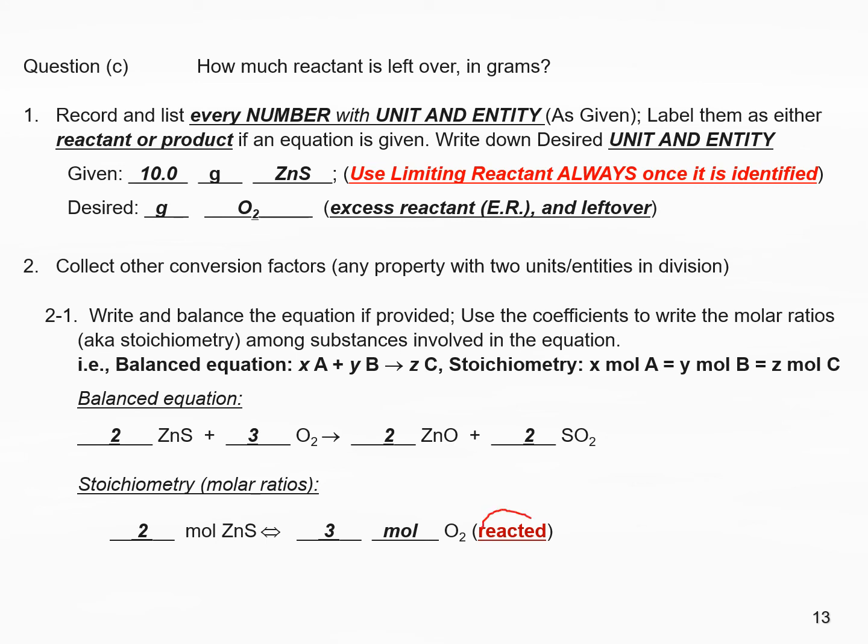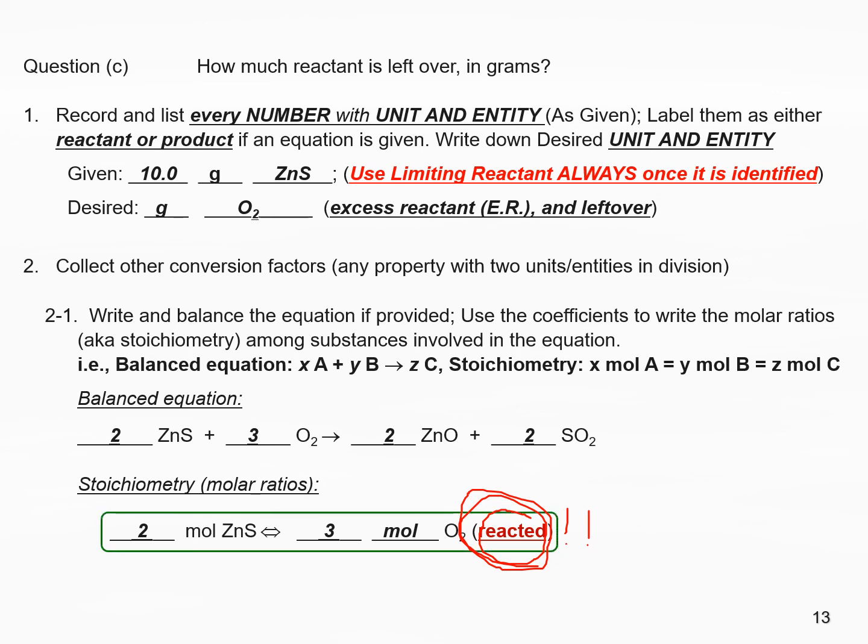I just want you guys to realize it is the reacted. Okay, reacted. It is very important. The amount of the excess reactant we calculate from the limiting reactant is the amount that was consumed or reacted with the limiting reactant. So we should recall the reactant. All right, so this is our first conversion factor we collected.